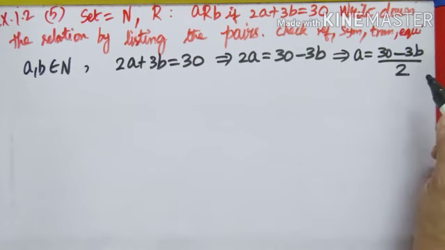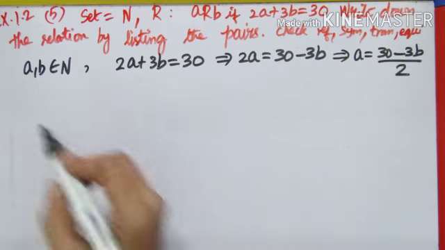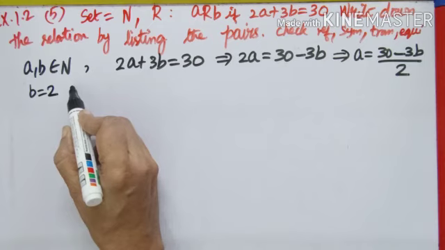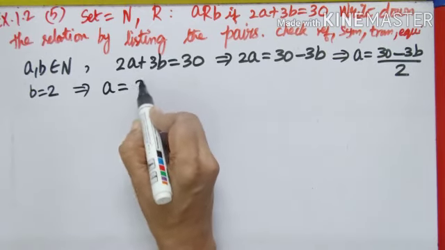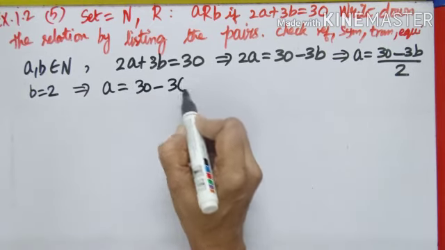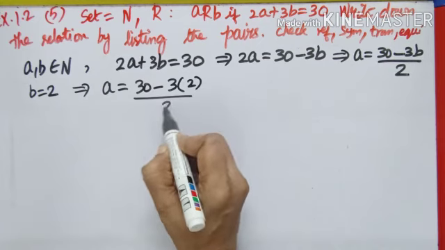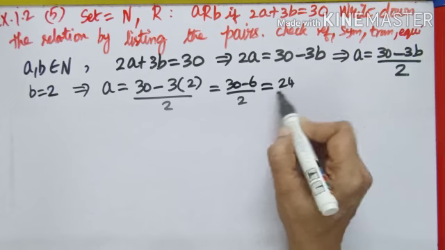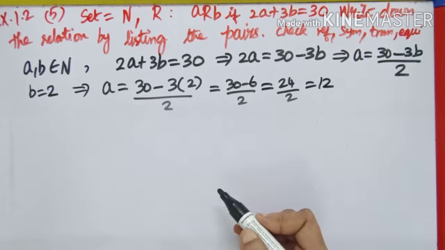B I have to put only even numbers. So let me put B equal to 2. If I put B equal to 2, A equals 30 minus 3 into 2 by 2, 30 minus 6 by 2, 24 by 2, which is 12.